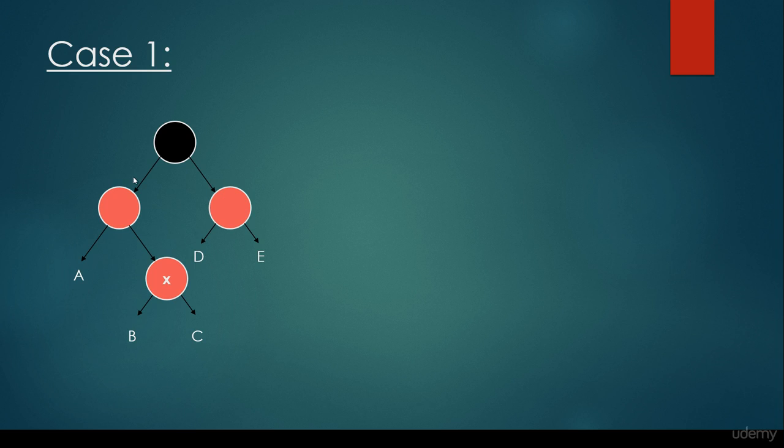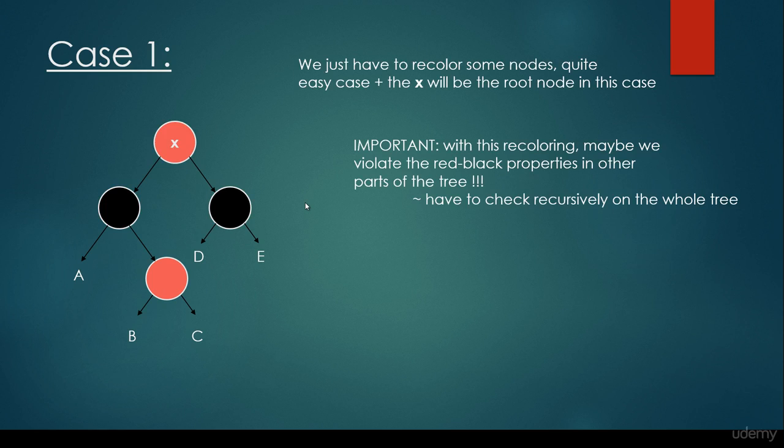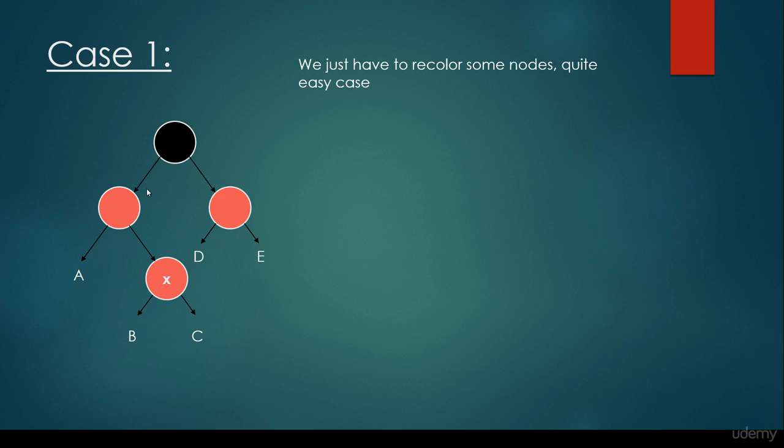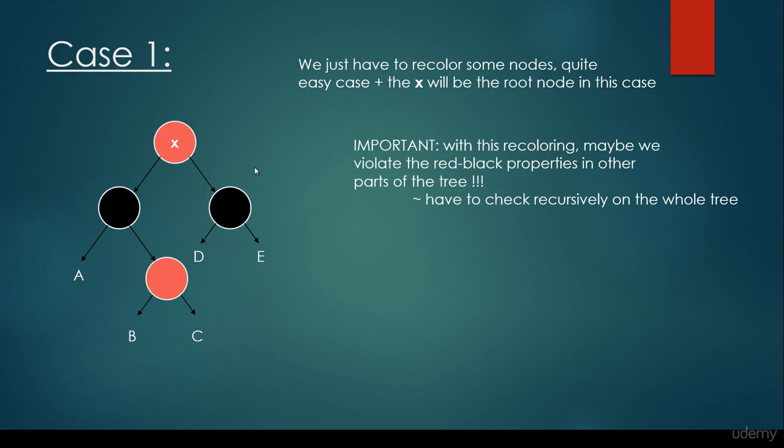So this is the case 1 as you can see. We know that the parent is a left child, the uncle is a right child of the grandparent, and its color is red. In this case, we just have to make a simple recoloring as you can see. So the parent and the uncle will have the color black, and the grandparent will have the color red.